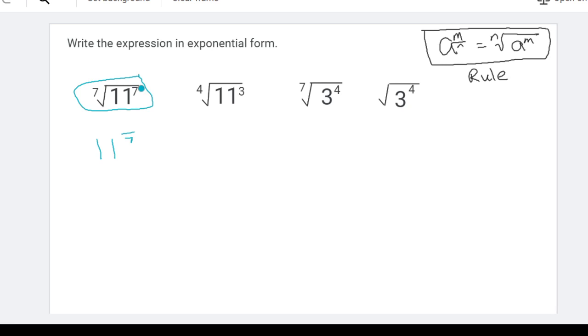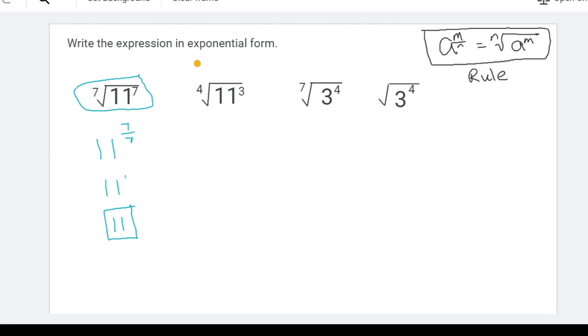And the exponent becomes the numerator. Now remember, just because these fractions are an exponent doesn't mean that they don't behave like normal fractions. So I can actually reduce this from being 7 over 7 to being a 1. And 11 to the first power is just 11. So that would be my final solution.